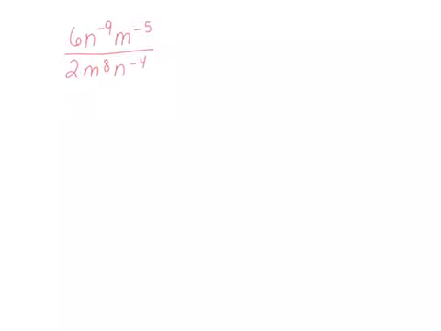In this next example, I have negative exponents and positive exponents, but again, I'm just going to start working with the constants. I have 6 divided by 2, which is 3. Then I'm going to look at my m's. I have negative 5 minus 8, which is going to give me m to the negative 13.